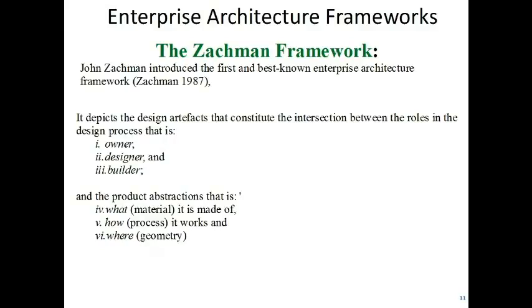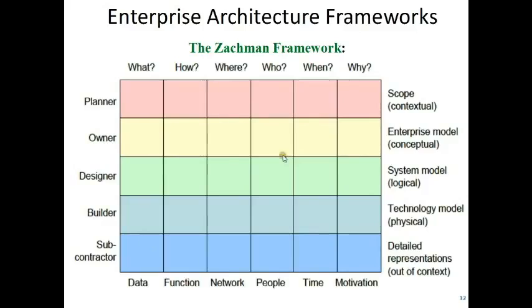So what are the things that are supposed to be done for a particular role in this system in a different phase. Okay, so if we consider that, it will come up to a table like this. We'll say, for example, what a planner is supposed to be doing in terms of scope, or enterprise modeling, and so on, right?